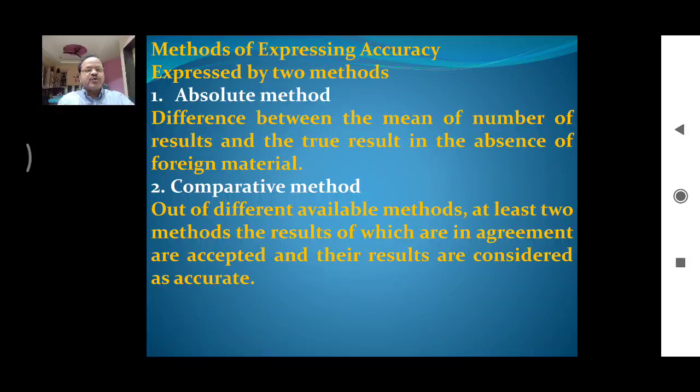Out of these, the volumetric method has given the reading 10.2, and by the gravimetric method again the result is 10.2. So the results of these two methods will be considered as the accurate results. This is called the comparative method.